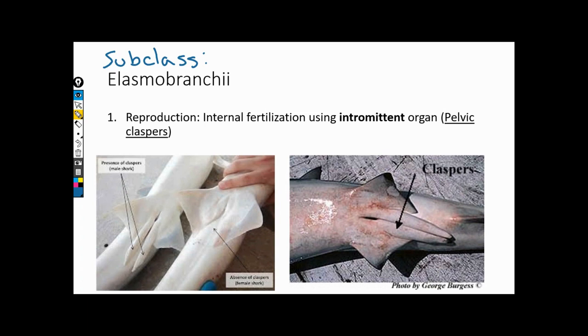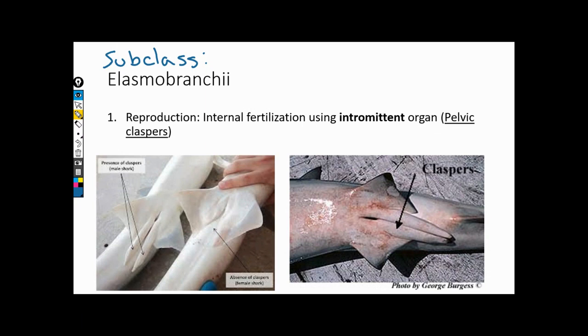Everybody in this subclass is going to be doing internal fertilization, and this is one way we can start to see those differences. We're successful at internal fertilization because we have that intermittent organ, which is also pretty uncommon in any kind of fish in general, let alone some kind of chondrichthyes.